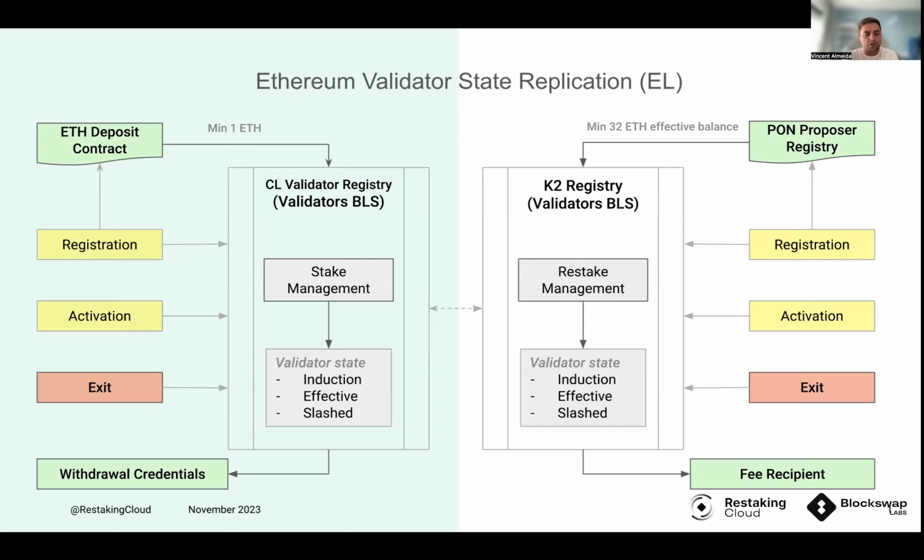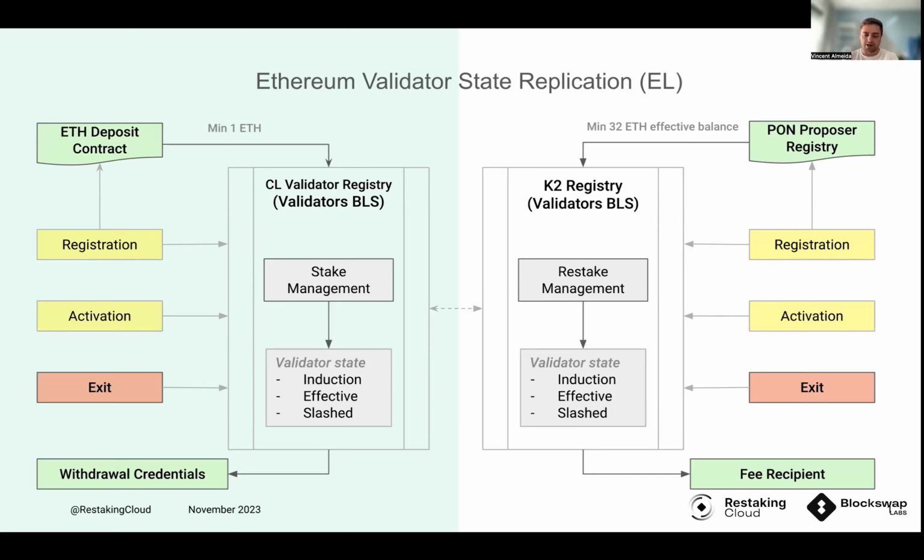But what's interesting is that the Ethereum consensus layer cannot activate or append any validators to its registry of validators without the Ethereum deposit contract, which is set on the execution layer.